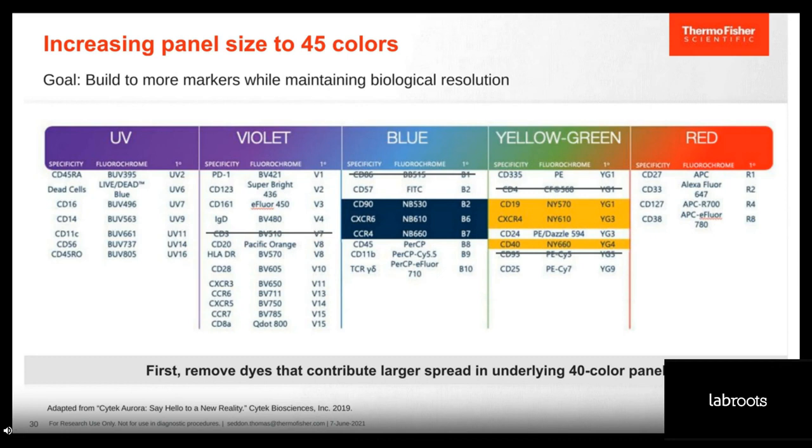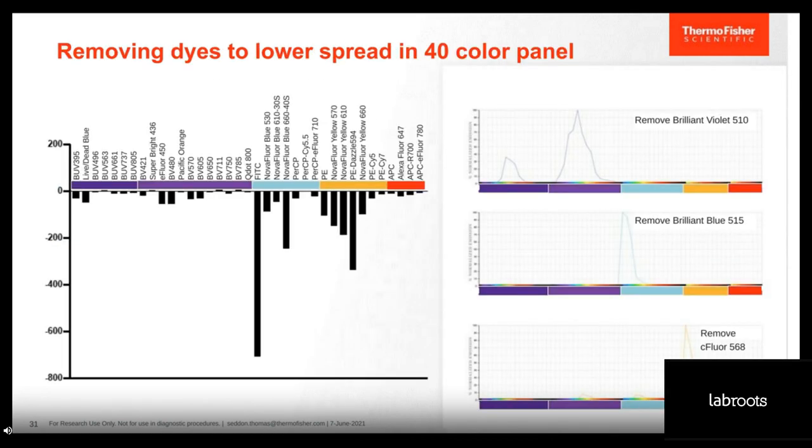So in this case, BB515 and FITC, there were some issues. Once you added NovaFluor Blue 530, they're already 0.98 similar, so that was a place of an issue. And then really looking at some of the other places. So as I look forward in terms of removing dyes to lower the spread, you can see here again, I mentioned that just by removing the Brilliant Blue 515, you can see that you've reduced a lot of the spread into the FITC channel.